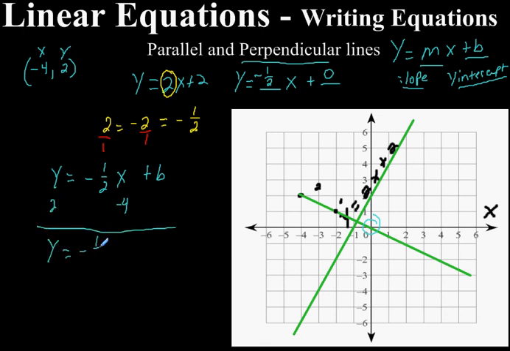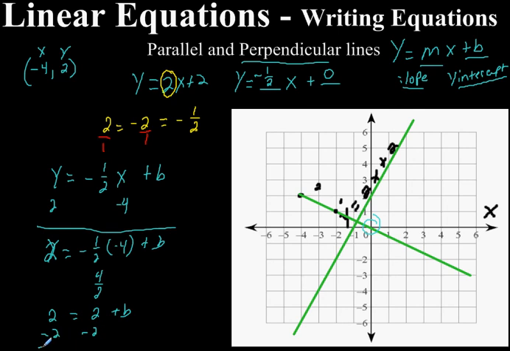Y then is equal to -1/2, parentheses, -4, plus b. Oops, the y, that should be a 2 there. Okay, -1/2 times -4 is 4 over 2, or what we could say is 2, plus b is equal to 2.